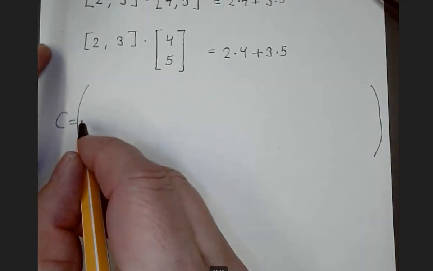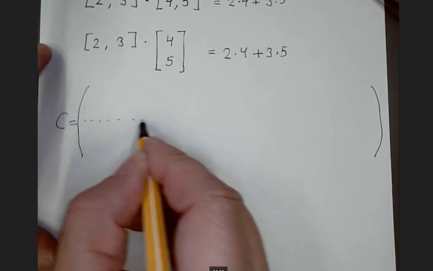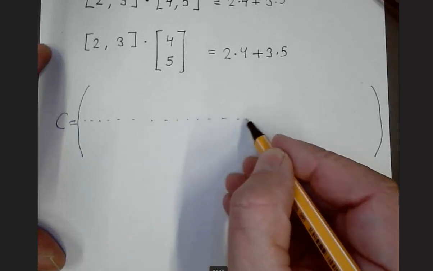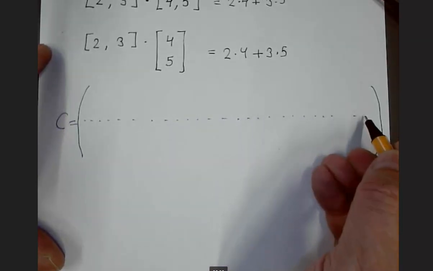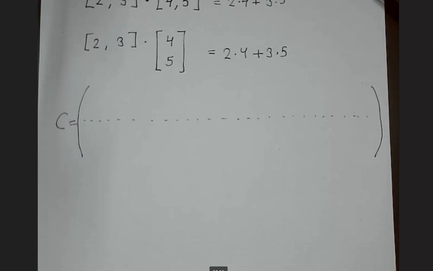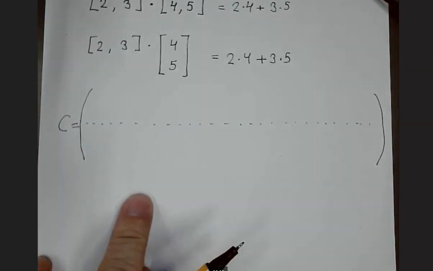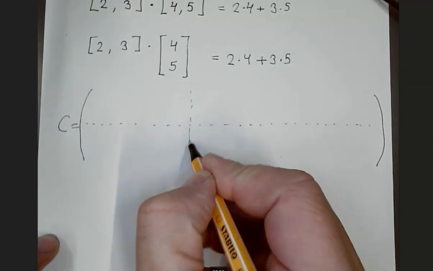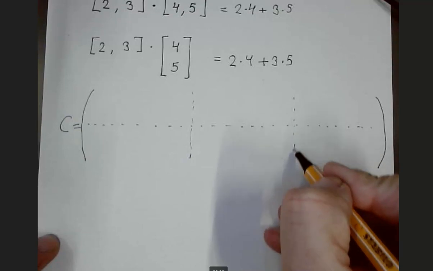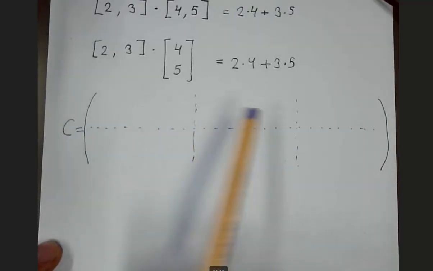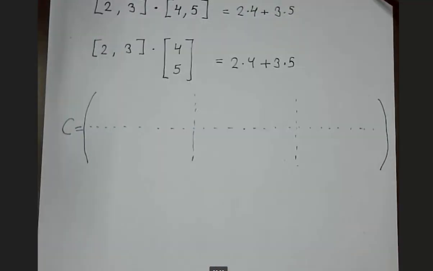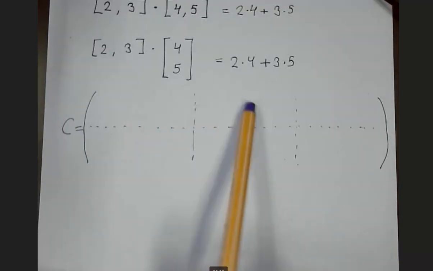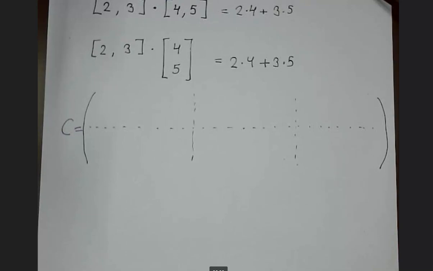So I will have 2 rows, so probably I would use for example this kind of line here. That gives me an impression that I have 2 rows in this matrix, and then I needed to have 3 columns in that matrix, so I probably would do like this to help understand that I really have 1, 2, 3, 1, 2, 3, and 3 columns, 2 rows and 3 columns, so totally 6 elements in the product matrix.